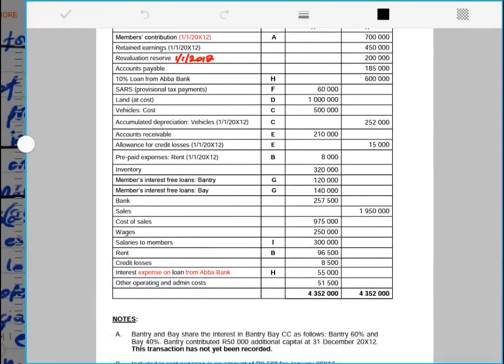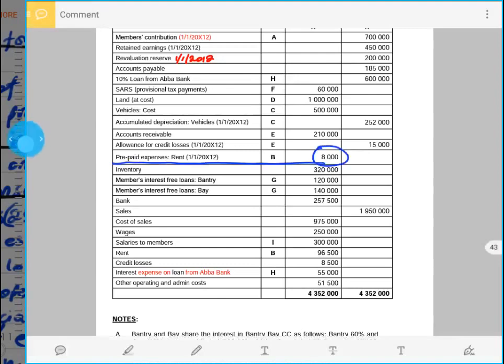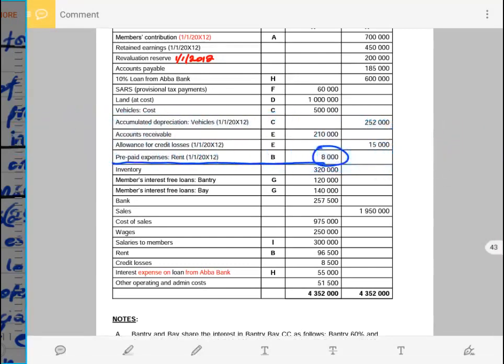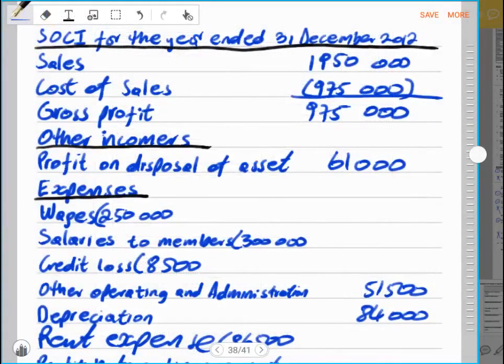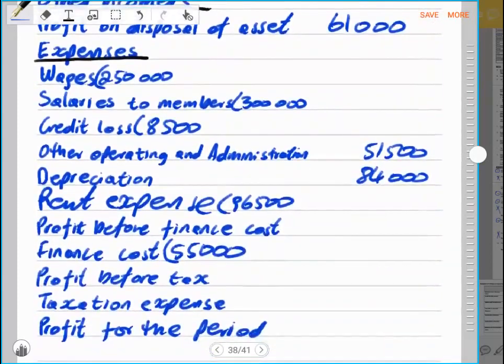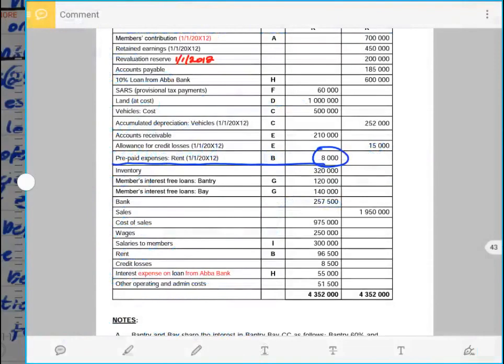Okay, before this first adjustment, remember there was a prepaid expense. Yes, let me record that. I told you that a prepaid expense opening balance must increase the expense in the current year. Therefore, now the rent must be increased by 8,000 rands, because we are crediting the prepaid expense and we debit rent expense.